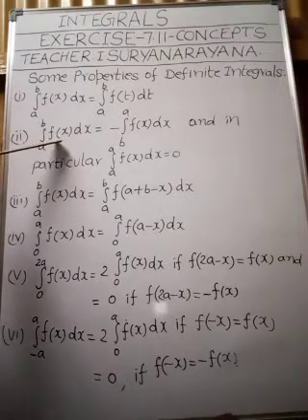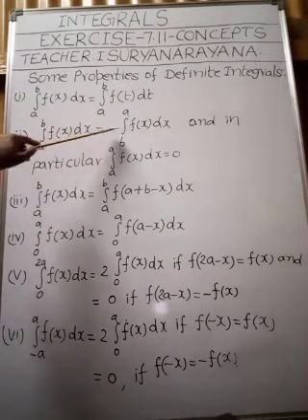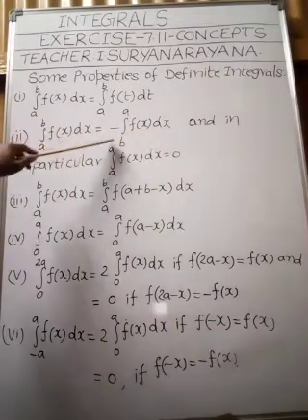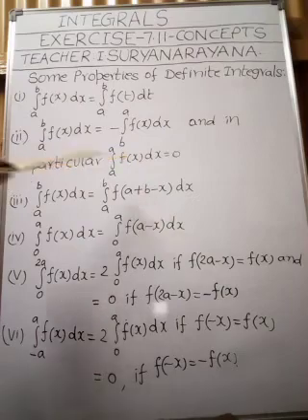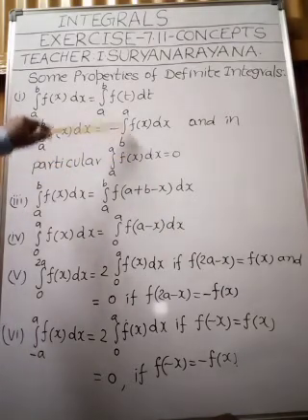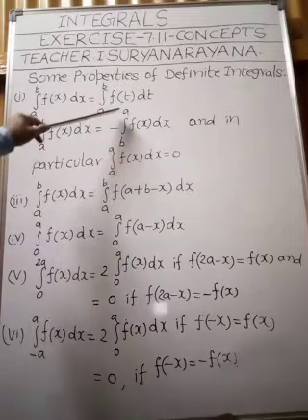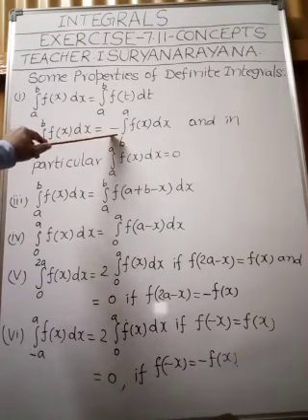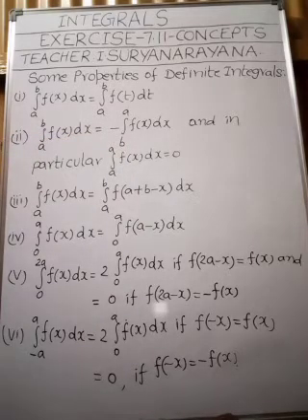Now come to the second property. Integral a to b f of x dx is equal to minus integral b to a f of x dx. Observe this formula. Here lower limit is a, upper limit is b, but here in the reverse order, b is the lower limit and a is the upper limit. In this case, we take its additive inverse.